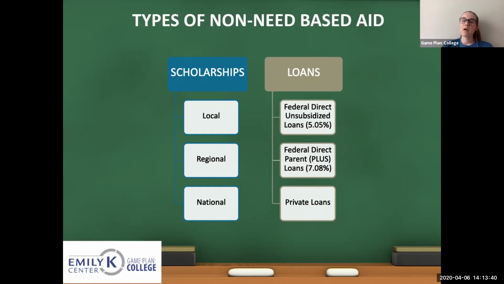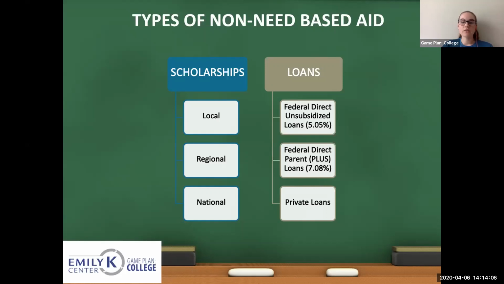The difference with these loans is that they are unsubsidized, meaning that they accrue interest while you're in college. So if you take out $2,000 your freshman year, when you graduate and you look at that loan amount, it's going to be more than $2,000 because the bank is charging you a yearly percentage based on that $2,000. You can get that by filing your FAFSA.